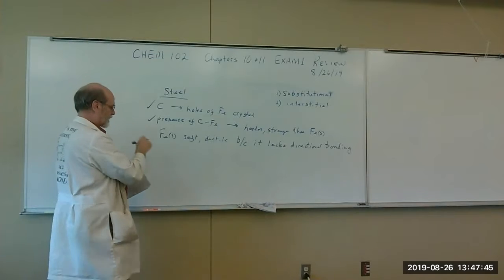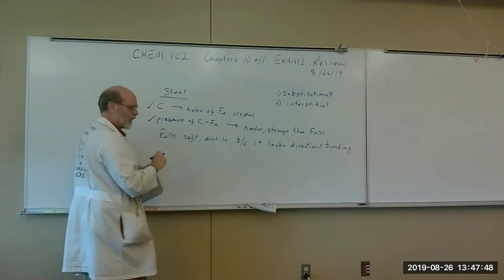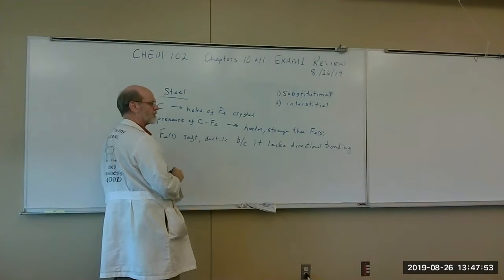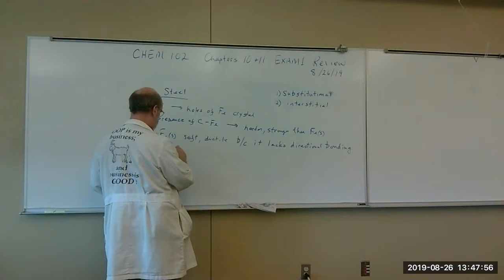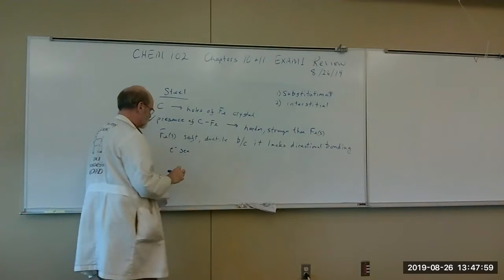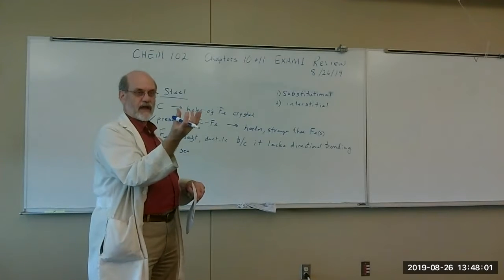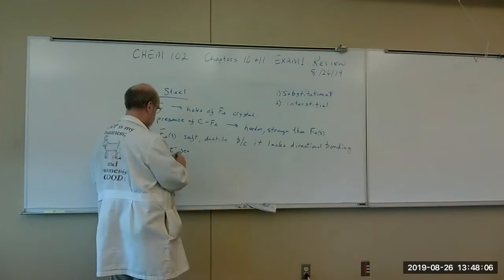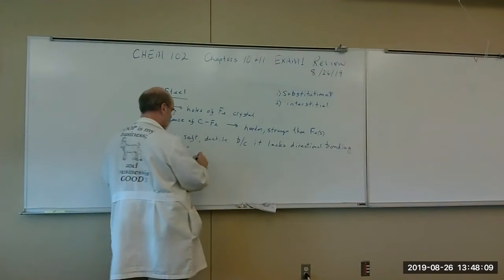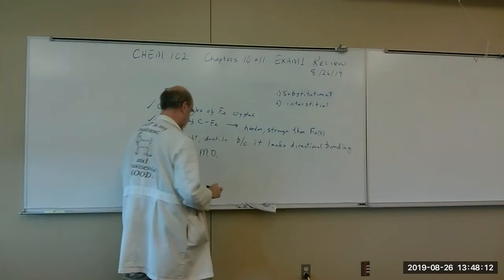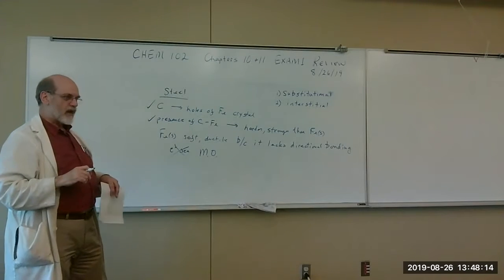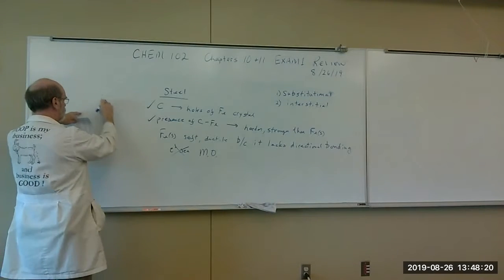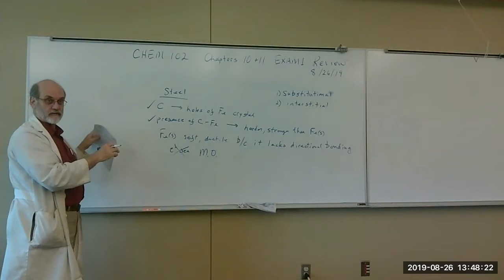An earlier version was known as the electron sea, where you just have iron nuclei floating in a sea of electrons. But that didn't explain it. So that was out. So we had to go back to molecular orbitals. If you have two iron atoms together, they have their valence electrons and their molecular orbitals.